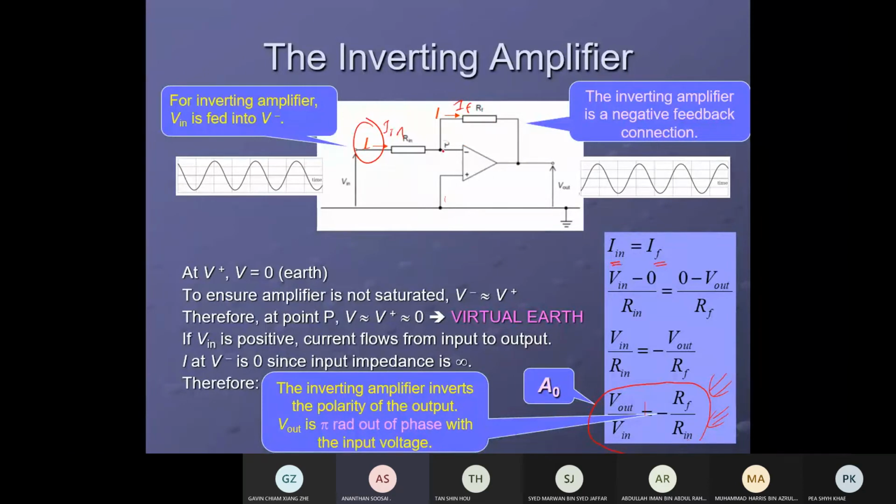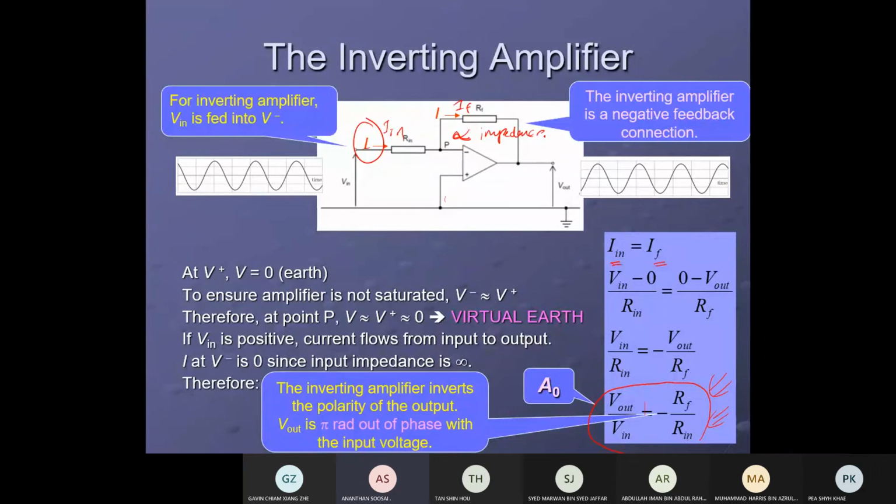No current is technically flowing into the op-amp. Why? Because the op-amp has infinite impedance.